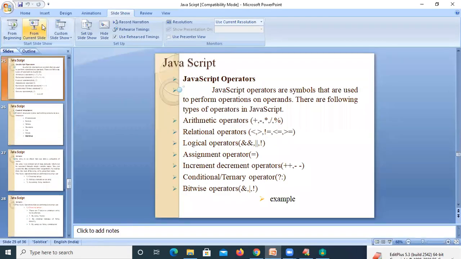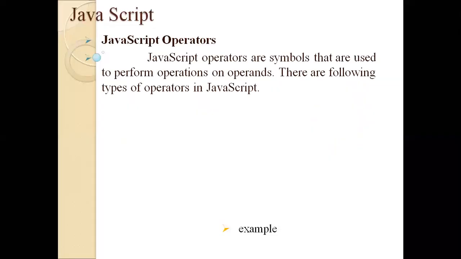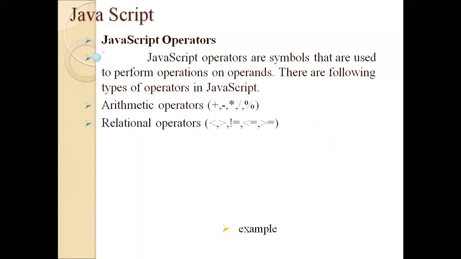Now let us move to the next point inside operators in JavaScript. There is a second type of operators, which are called relational operators. These relational operators are used to find the relation between two operands.